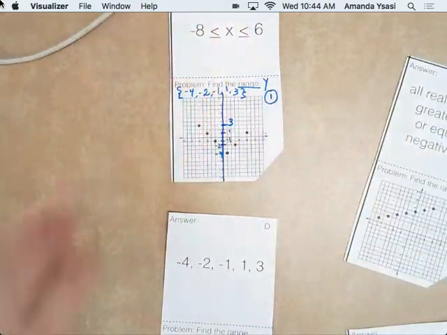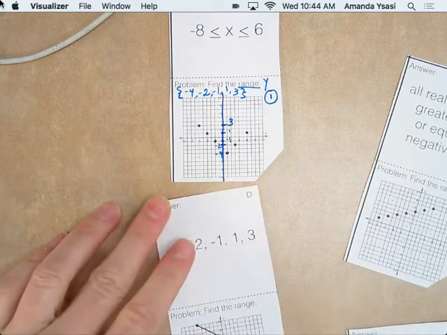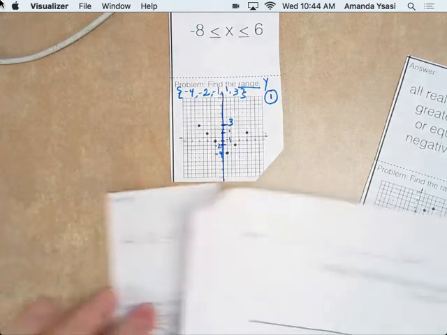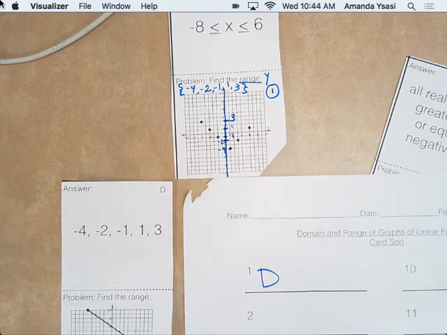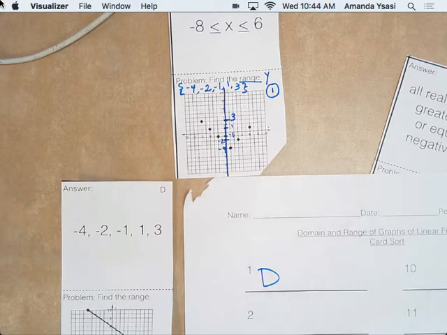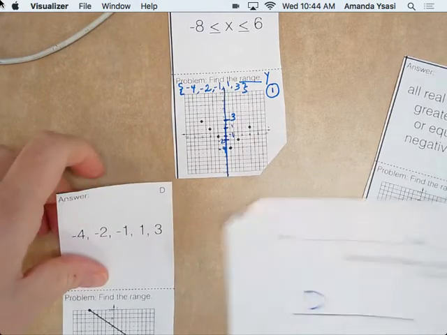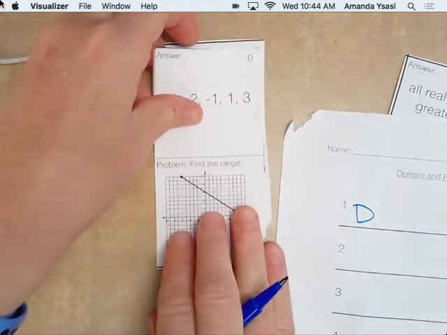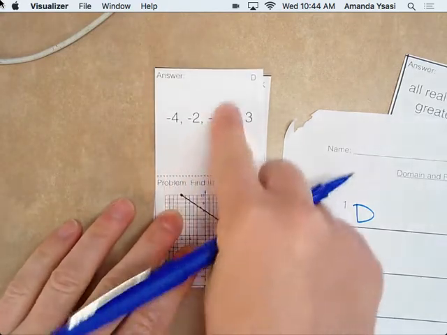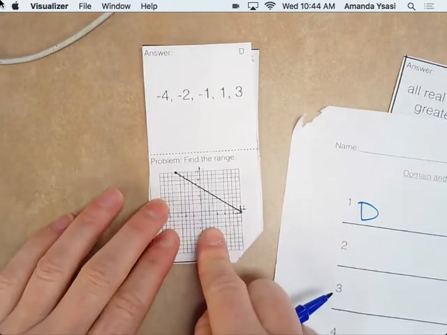We're saying that's number 1. So our answer is D. So on your recording sheet, number 1 is going to be D. Then I'm going to put this one on the top of the other one, and then I'm going to go to this problem right here.